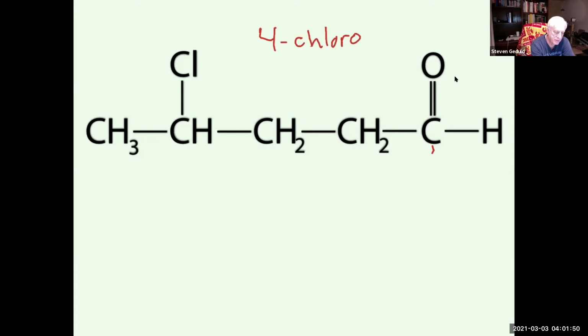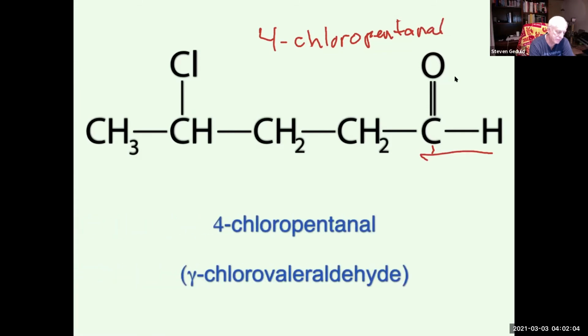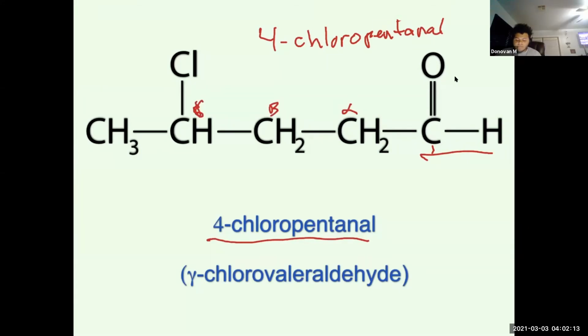And then how many carbons do you have? 1, 2, 3, 4, 5. Pentane, drop the e, add al for your aldehyde. That's it. 4-chloropentanal. If you did the other way, this would be alpha, beta, gamma. That's not a gamma. Gamma, delta.